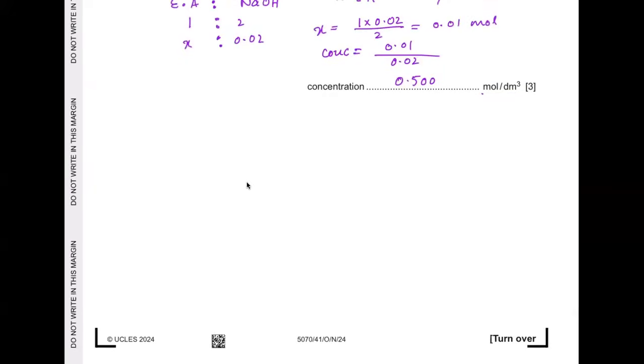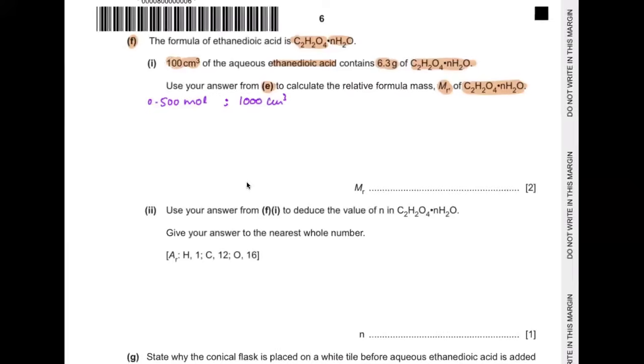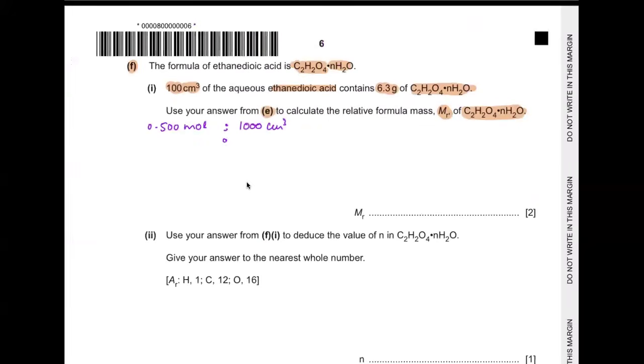See, this means moles in 1 dm cube, and we know that 1 dm cube is 1000 centimeter cube. So if 1000 centimeter cube has this many moles, then for 100 centimeter cube we can get how many moles there were. If we calculate, it is going to be 0.500 multiplied by 100 over 1000.